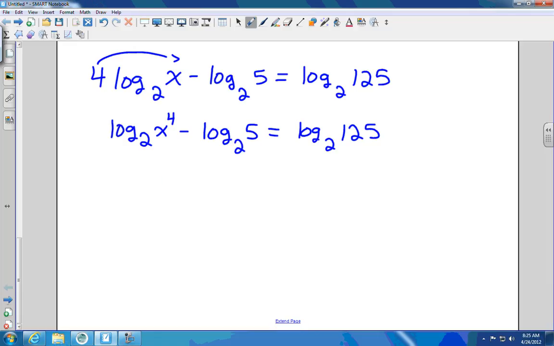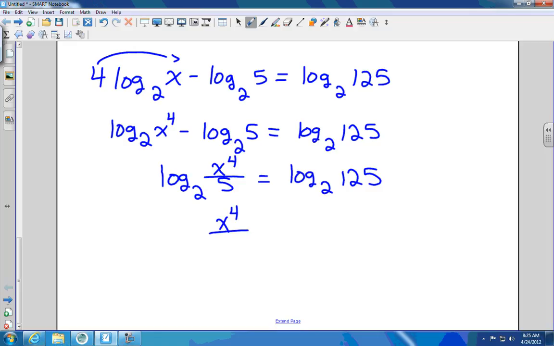So with the minus we have in the middle, it becomes log base 2 of x to the fourth over 5 equals log base 2 of 125. And then we can set those parts equal.